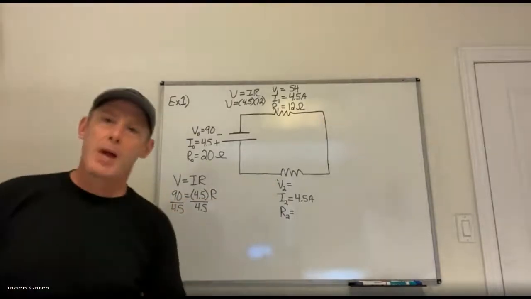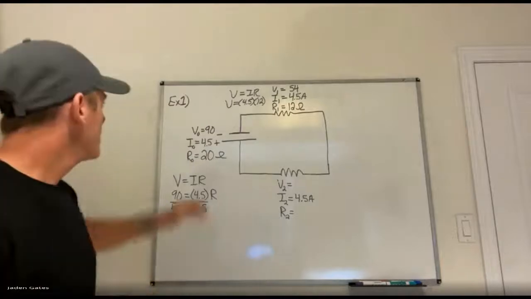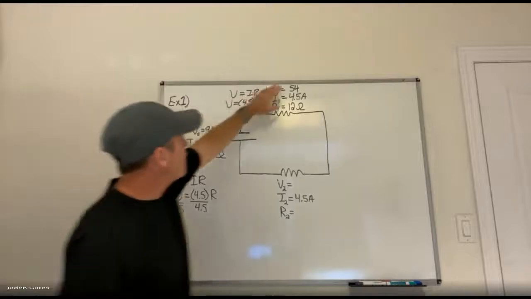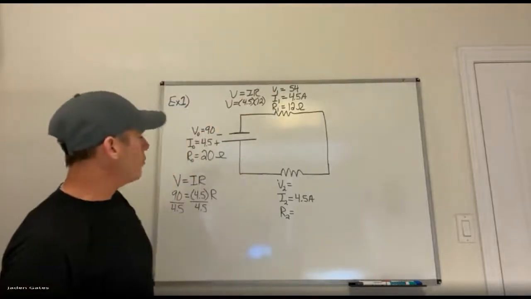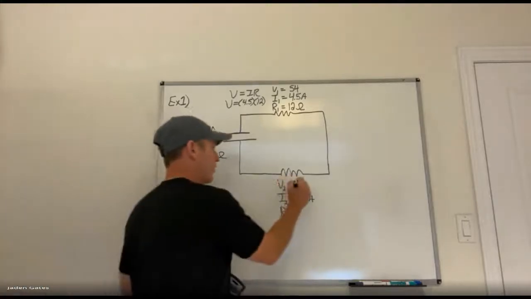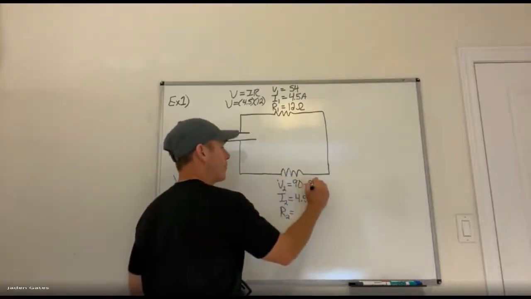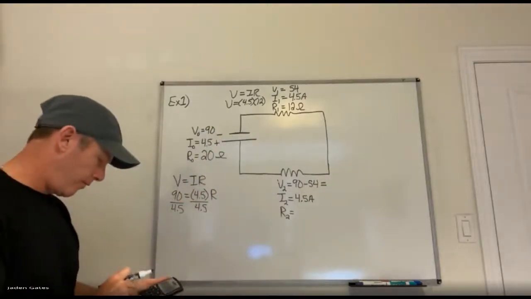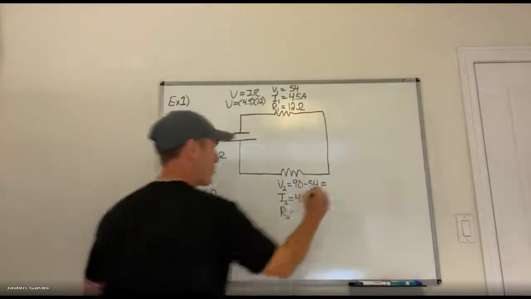But now I'm going to bounce back and use Kirchhoff's voltage law. Each charge leaves with 90 volts. 54 are used in the first load, so the rest must be used in the second load. So V2 here is going to be 90 minus 54, which gives us 36 volts.